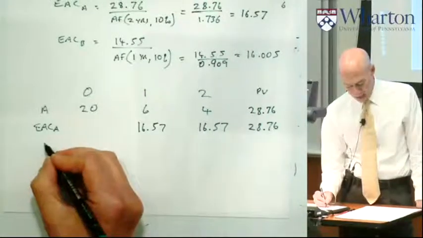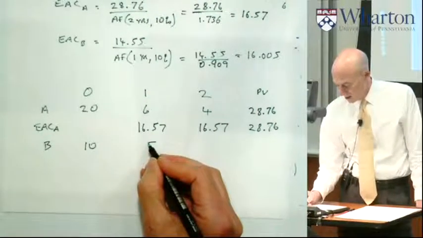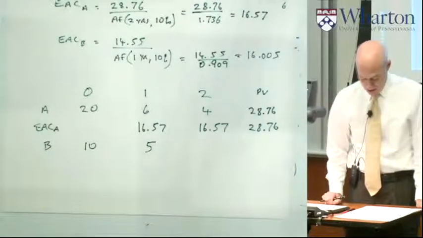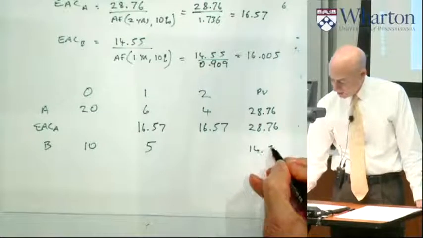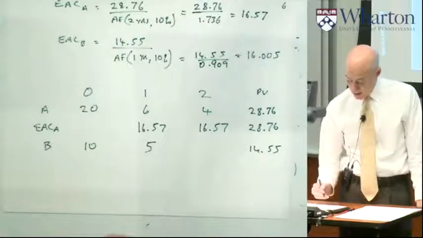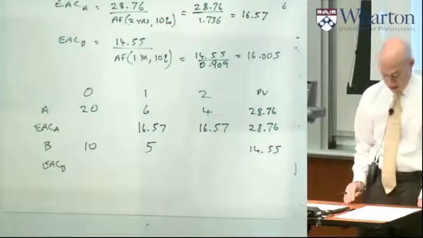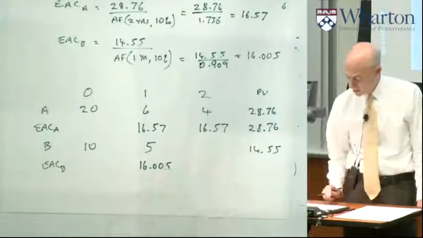If we look for B, B has 10.5. And we know that's present value of 14.55. And then the equivalent annual cost of B is 16.005.